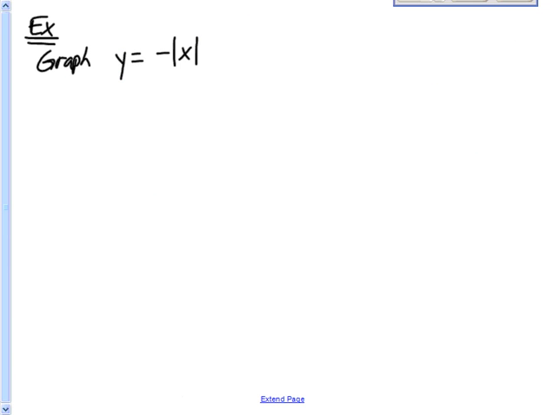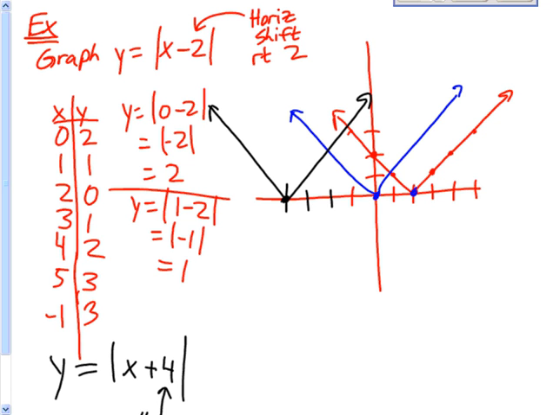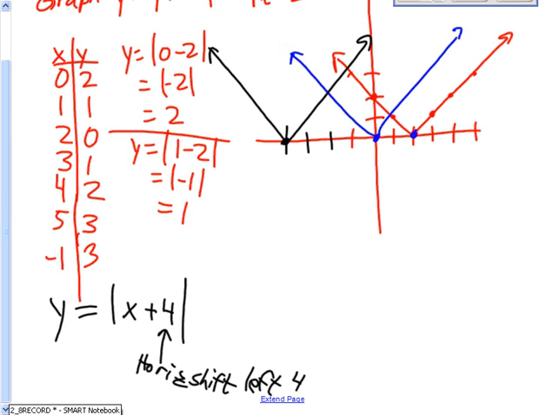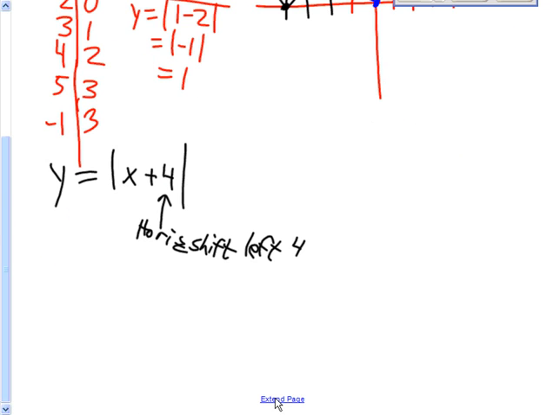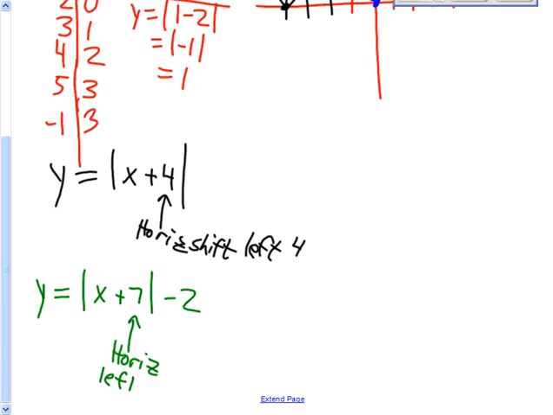All right. Let me go back to this. What if we did a couple different things here? What if I went plus 7 minus 2? Then you would say, that's a horizontal shift, right or left? It's got to be left because it's a plus inside there.